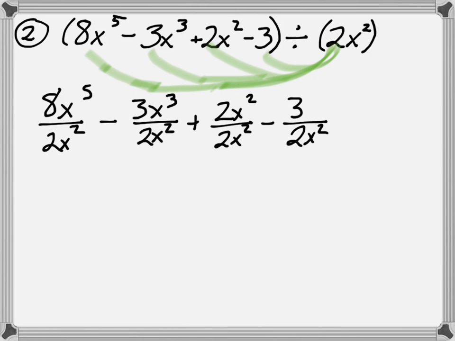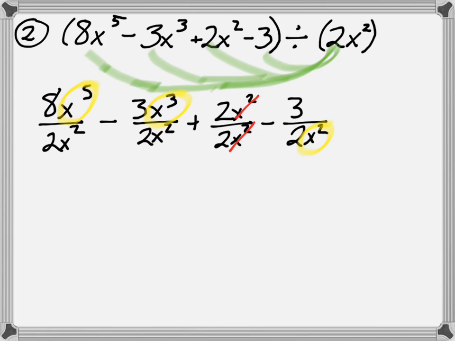In this first one, where do my x's end up in that first fraction? Top or bottom? Top. In our numerator, we have the x's. And the second one, numerator or denominator? Numerator. Third. Cancel out. Fourth. Bottom.